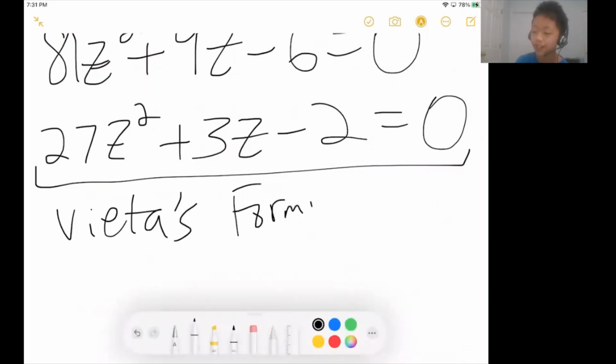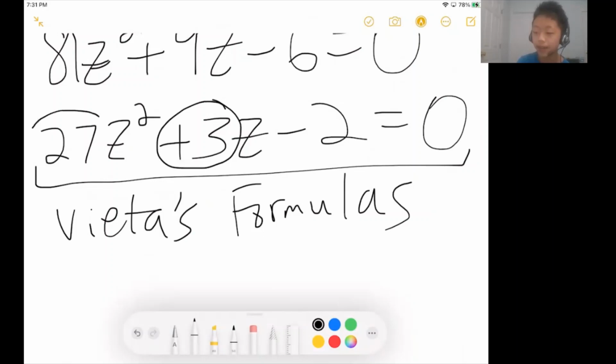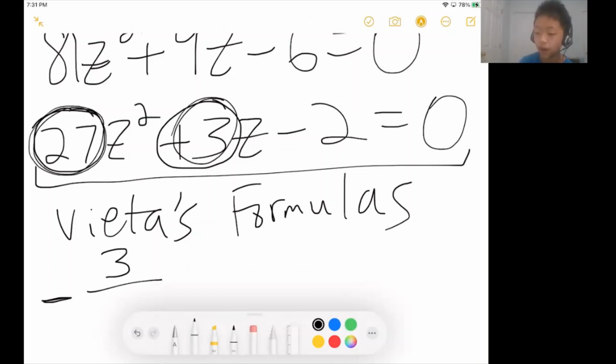and part of Vieta's formulas says that if you have this quadratic, 27z squared plus 3z minus 2 equals 0, the sum of the values of z that work is always equal to the negative of this coefficient divided by this coefficient. I won't be proving why this is true, but in general, for a quadratic, the sum of the roots, the sum of all values of z that satisfy this equation, is always equal to the negative of the coefficient of z, which is 3, divided by the coefficient of z squared, which is 27.